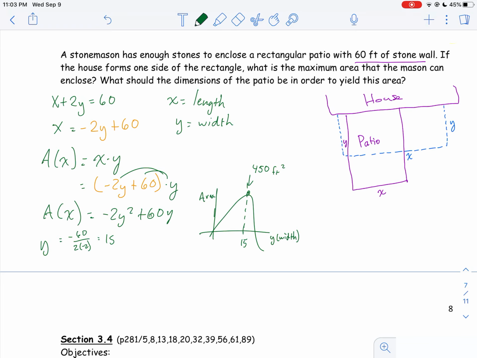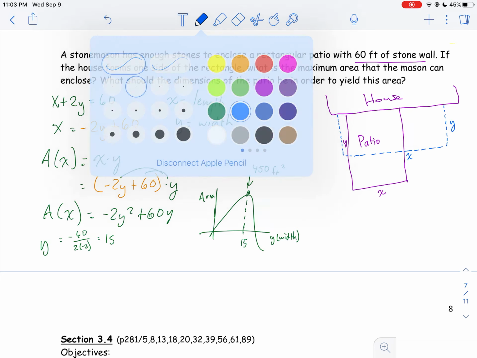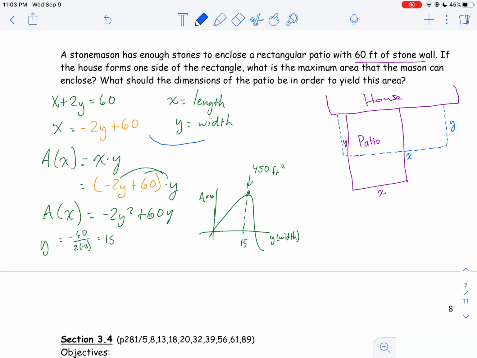If I know that, I can come back up here. Well, and you can think about this in terms of the stone wall as well. We can take the length is negative 2 times 15 plus 60. That's going to give me 30.